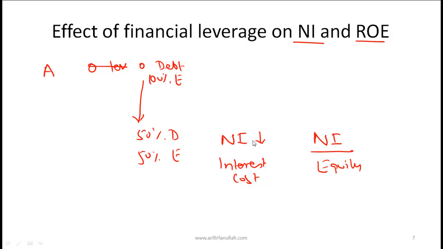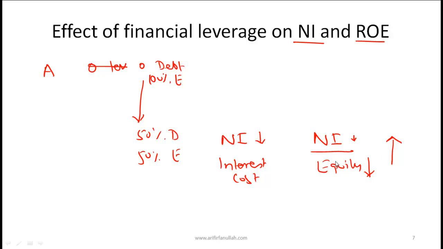And notice that even though net income is going to come down a little bit because of interest cost, our equity comes down a lot, because we are essentially now, let's say if our assets were worth 100 million, then in this case equity would also be high, but here we are now funding our assets partly by debt, partly by equity. So the equity base comes down a lot, and net income over equity will generally go up when we take on debt.